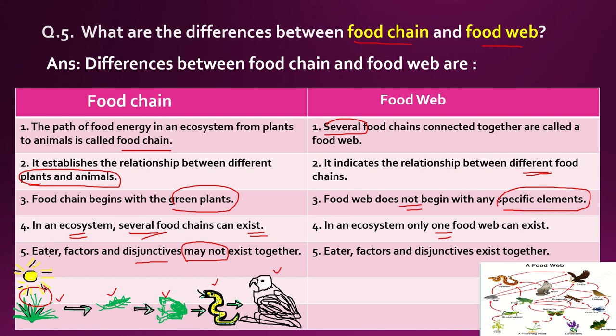Disjunctives means separate or divided or not connected, they may not exist together. And either factors and disjunctives, here it exists. That is the positive thing, and here is the negative thing. All right, let's go to the next one.